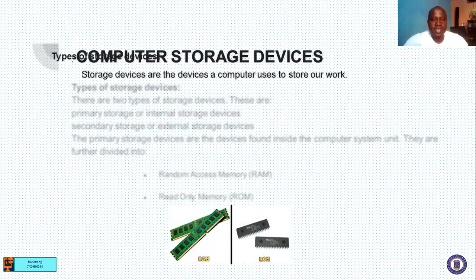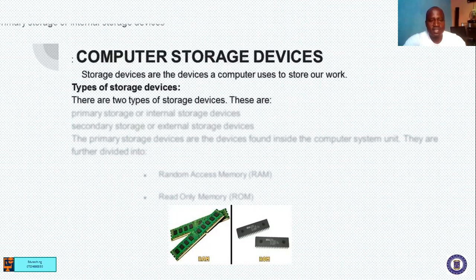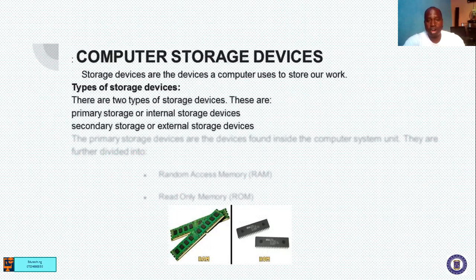And the storage devices are divided into two types. We have primary storage devices, which are also known as the internal storage devices. Then we also have the secondary storage devices or external storage devices.